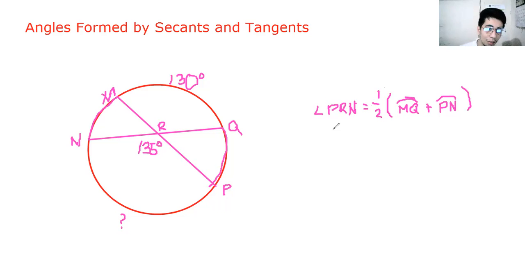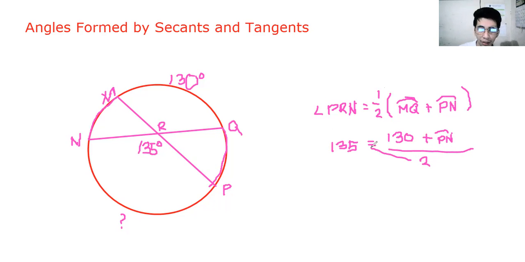So substitute muna natin para di tayo malito. So we have 135 kay PRN. Then equals natin kay MQ. Ang MQ meron tayong 130 plus PN over 2, kasi si PN yung hinahanap natin.